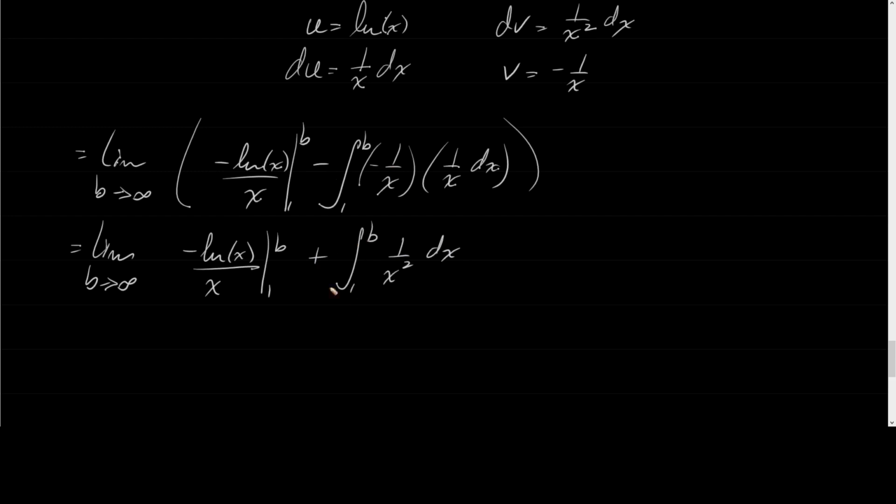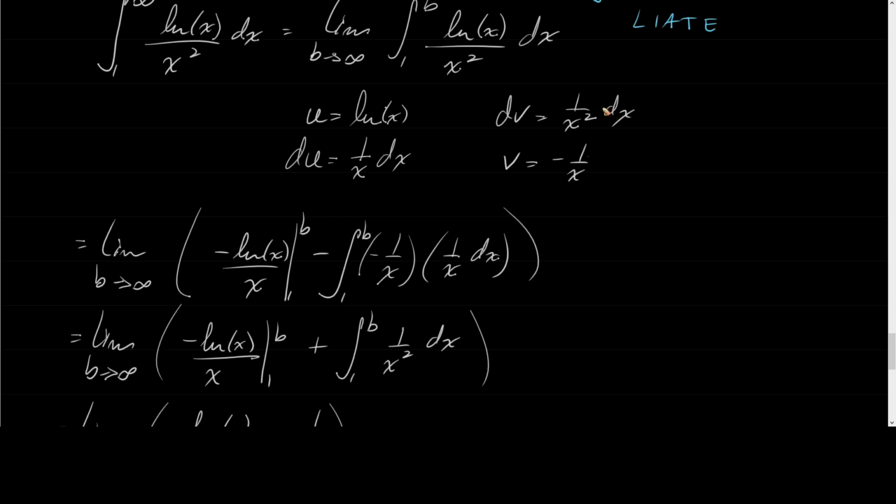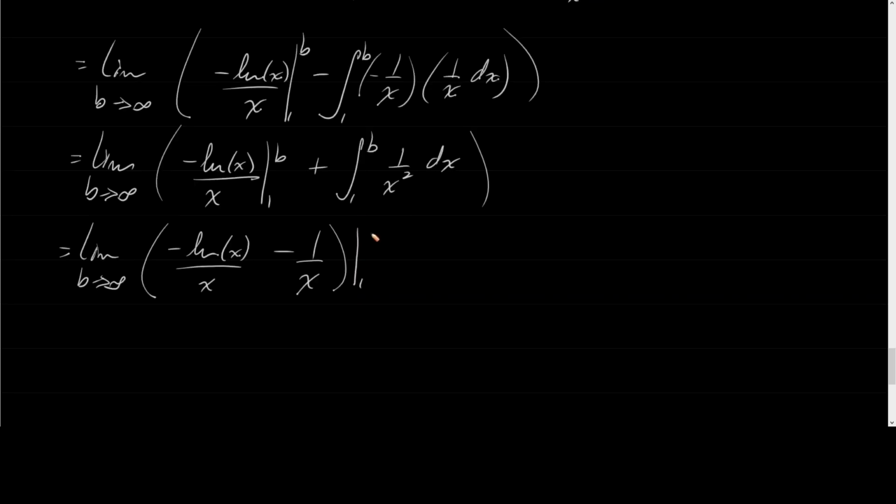And from there, well, we can go ahead and evaluate. Let's take this integral. So I end up with the limit as b goes to infinity of negative ln of x over x. The integral of 1 over x squared is negative 1 over x, right? We had already found that out over here. Evaluated from 1 to b.